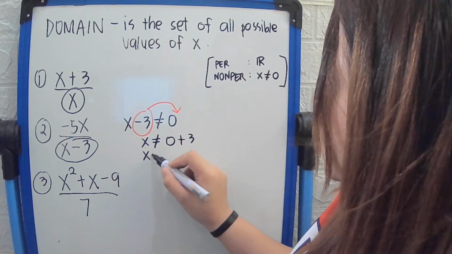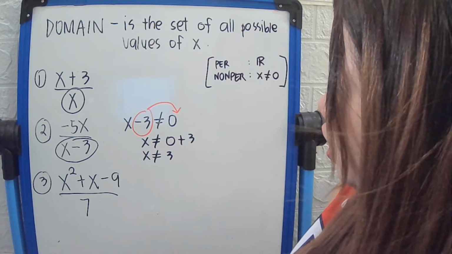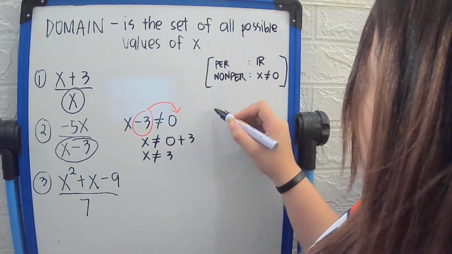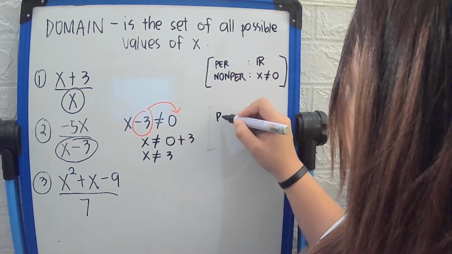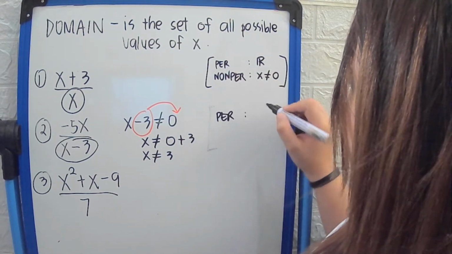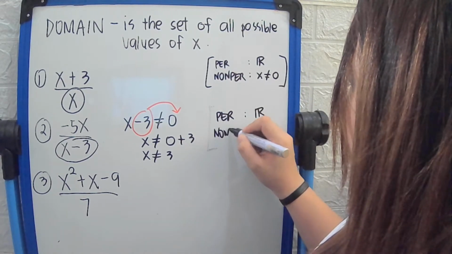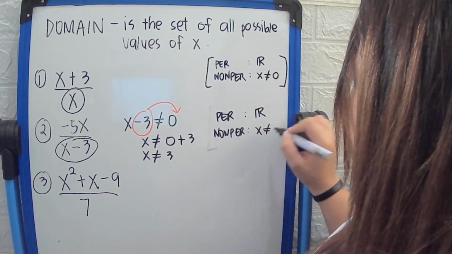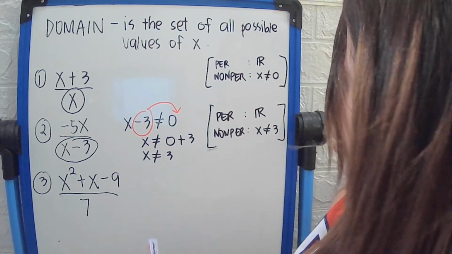So 0 plus 3 is 3. So the restriction is that your x must not be 3. Again, if you are going to write it here, for the permissible, all the set of real numbers. And for non-permissible, your restriction is that x should not be 3. That's for number 2.